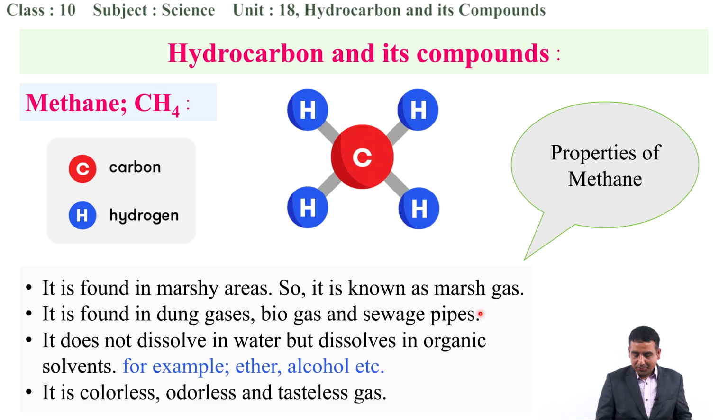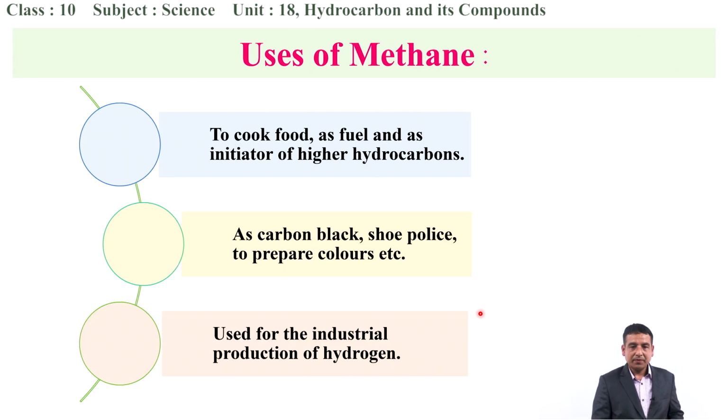In the same way, how do we use methane gas and where do we use it? You can see on the screen that methane gas can be used for cooking food, and it is used as fuel also. It is the initiator of the longer chain hydrocarbons, because by taking methane we can prepare ethane, propane, as well as butane also.